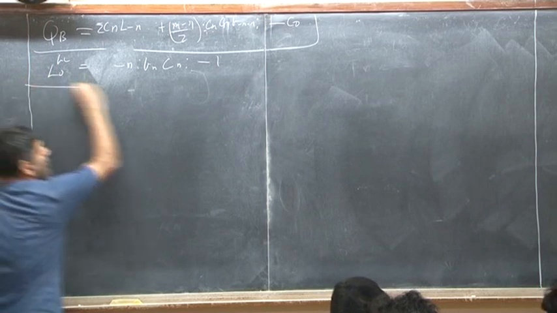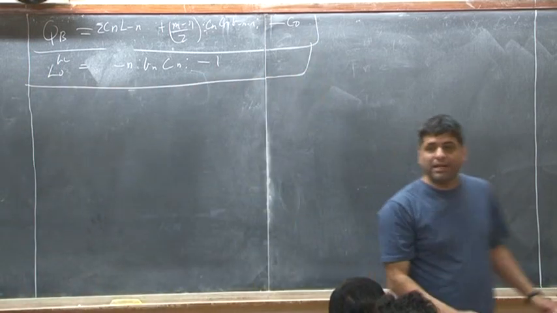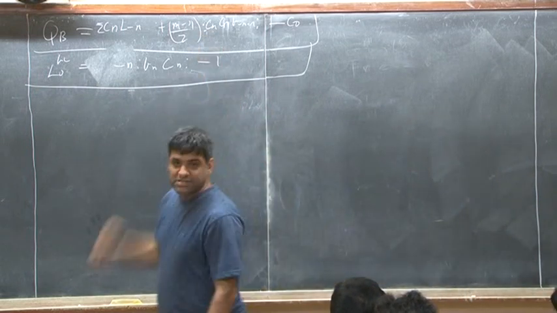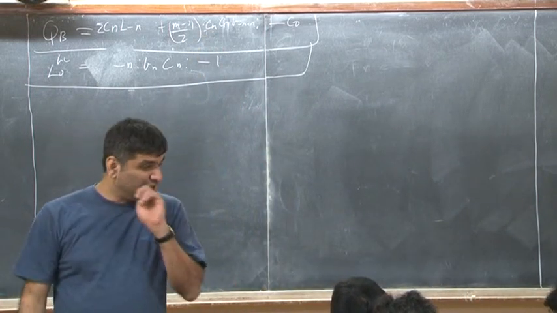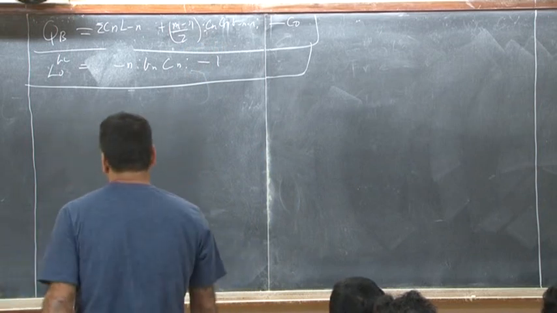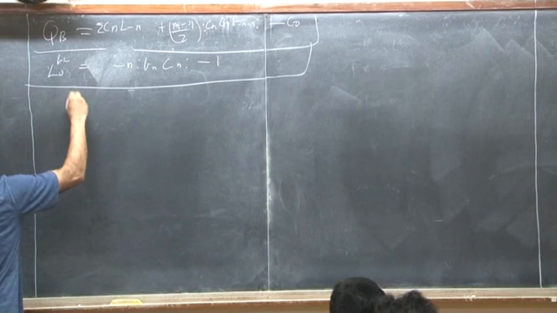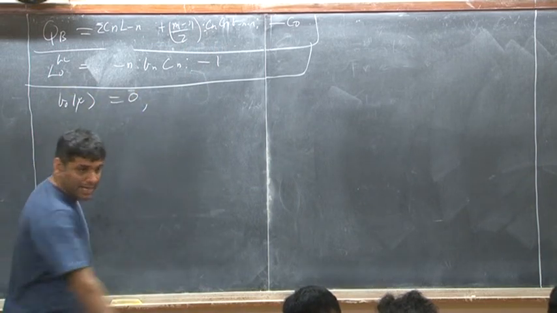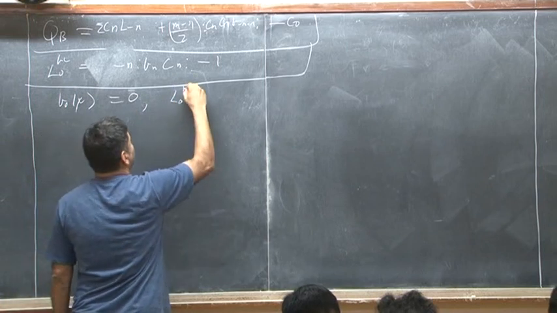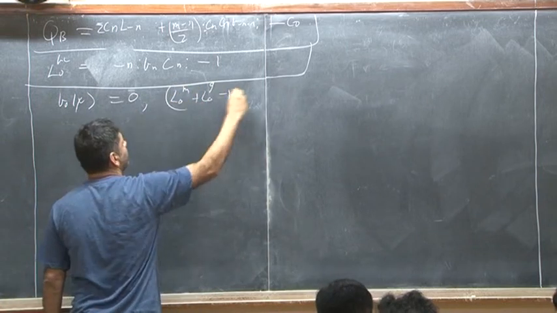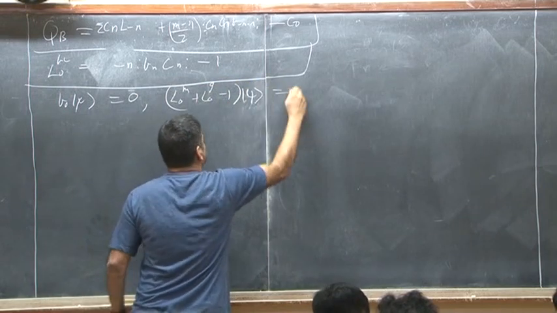Okay, so in the last class we had begun to try to understand the cohomology of this operator, and we decided to understand the cohomology not on the full Hilbert space, but only on the subset of the Hilbert space defined by B_0 on psi equals 0 and L_0 matter plus L_0 ghost minus 1 on psi equal to 0.